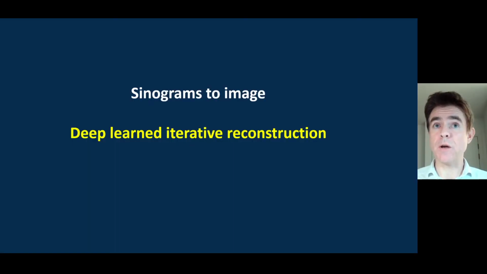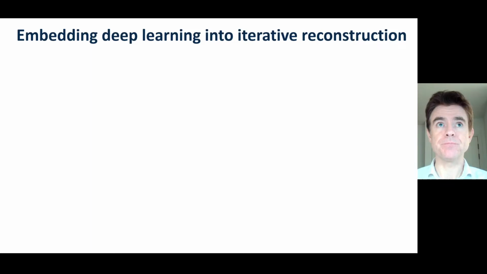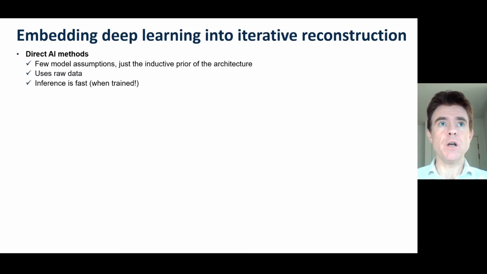We will now talk about how to go from sinograms to an image by unrolling iterative image reconstruction and embedding deep learning into the iterative reconstruction. So first of all though, why do it this way? Well, let's review what was going on with direct AI methods, direct deep learning methods.